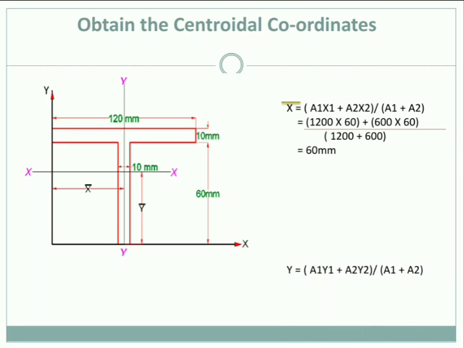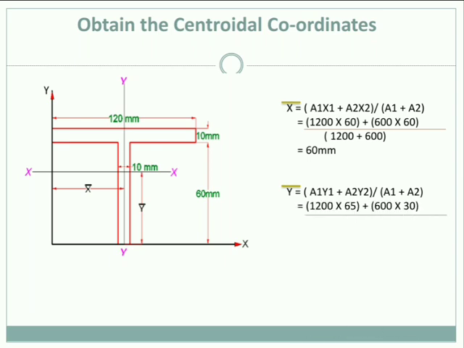Now similarly, we have to calculate y bar. y bar will be what? a1 y1 plus a2 y2 divided by a1 plus a2. This is nothing but summation ay upon a. I have broken it up here. When we substitute all the values and go ahead with the calculation, we get y bar as 53.33.